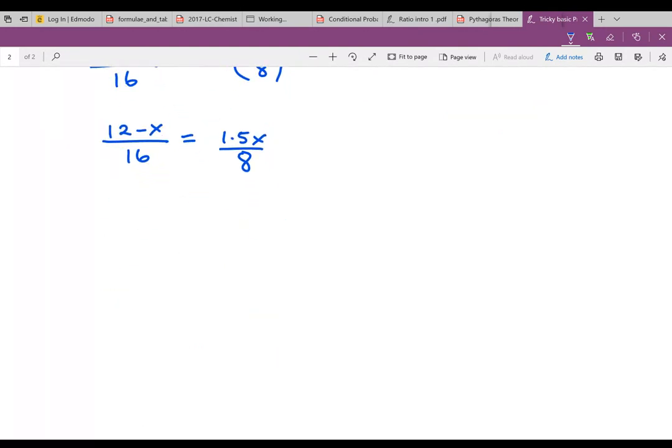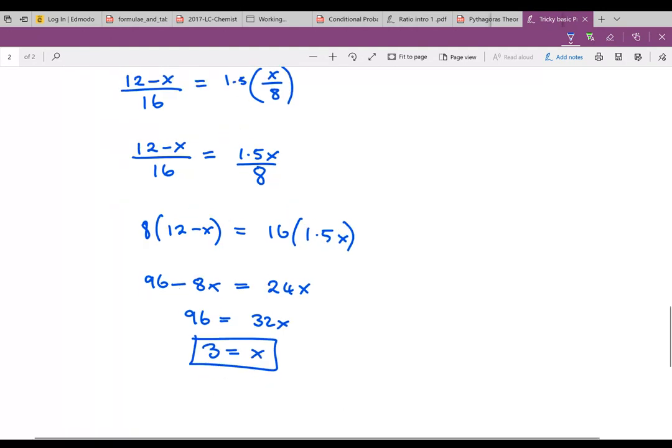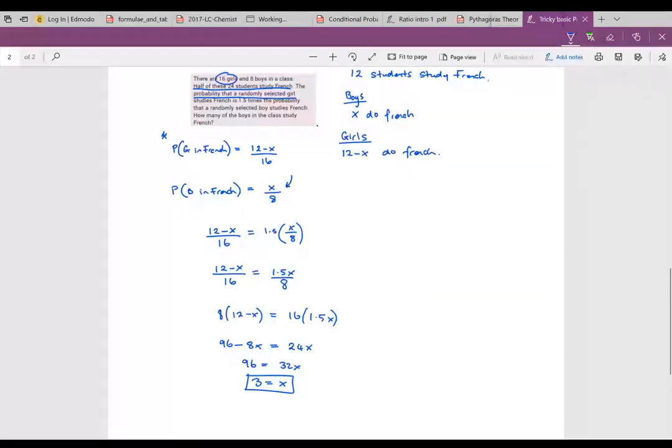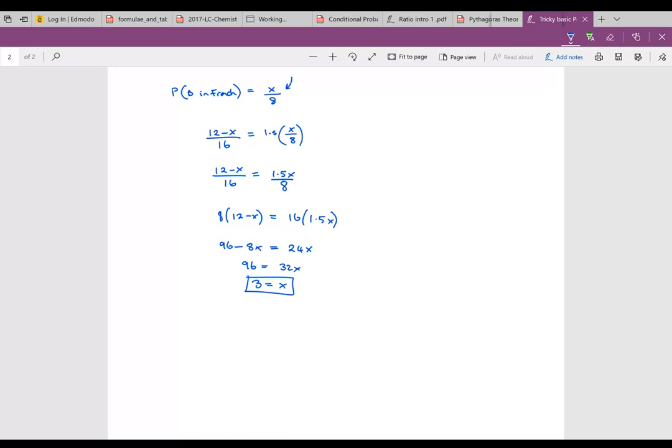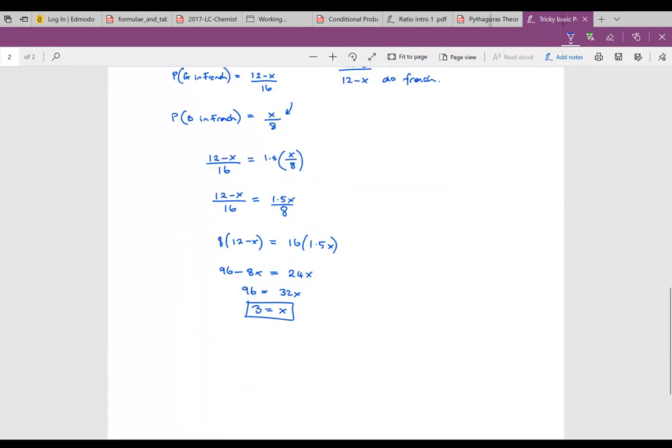To solve, you've got 8 times 12 minus x is equal to 16 times 1.5x, which leaves you with 96 minus 8x is equal to 24x. 96 is equal to 32x. 3 is equal to x. So the number of boys based off this logic is 3. So there are 3 boys that study French and 9 girls. If anybody has any other questions on these 3, or anything that I've done here, please just ask.